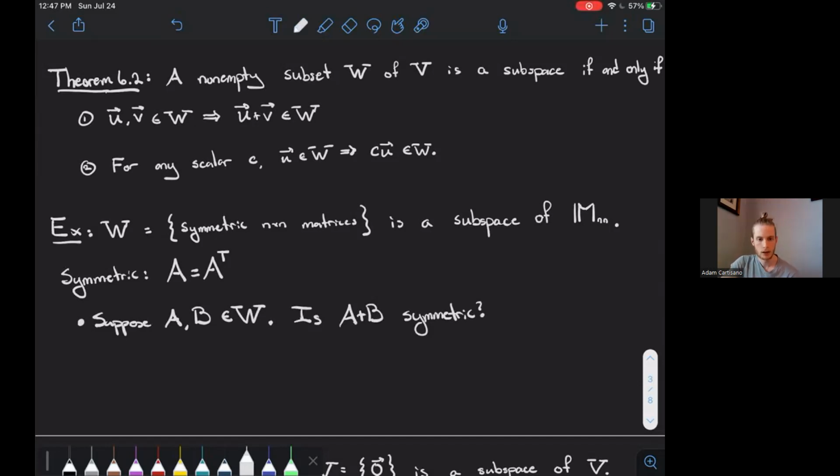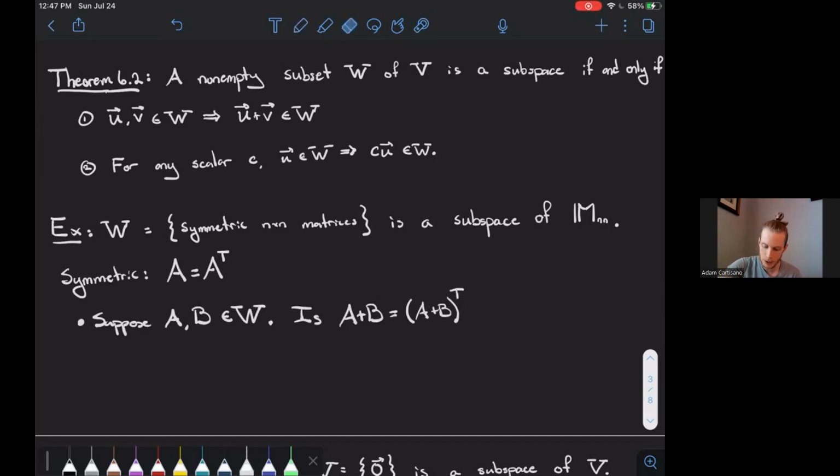Well, to answer that question, we have to take its transpose. Let me ask the same question differently. Is A plus B equal to A plus B transpose? Well, for that one, we can actually do something.